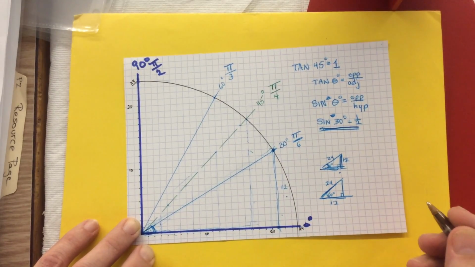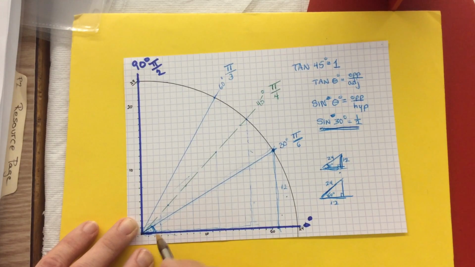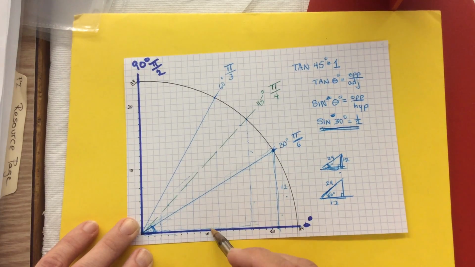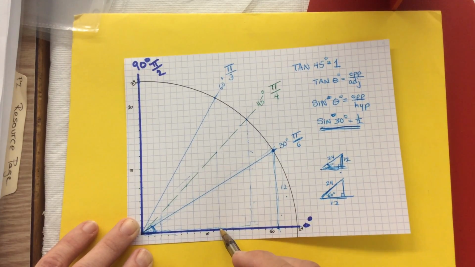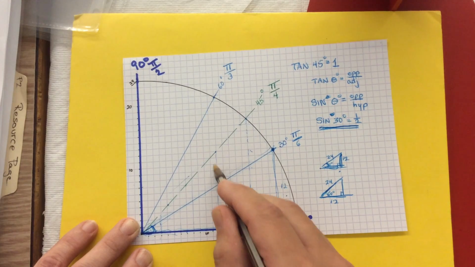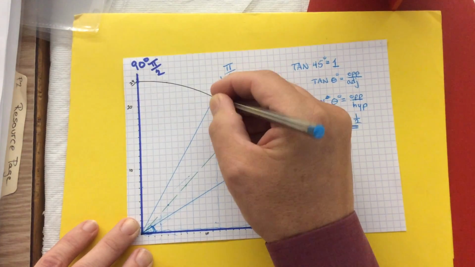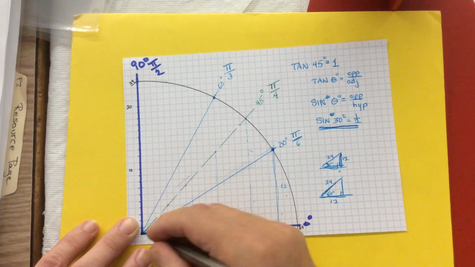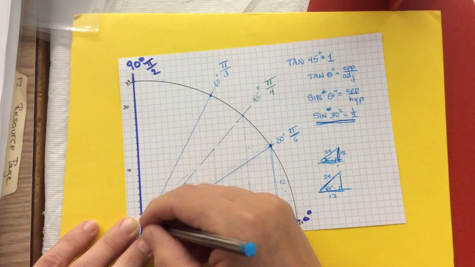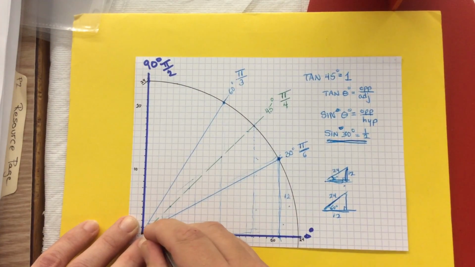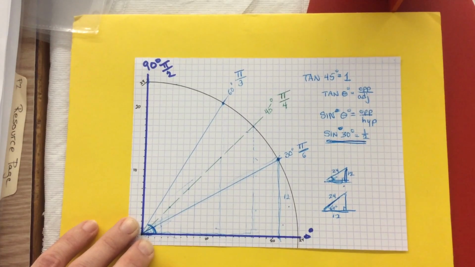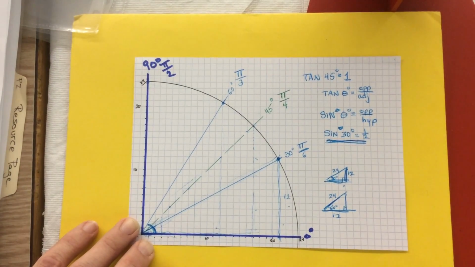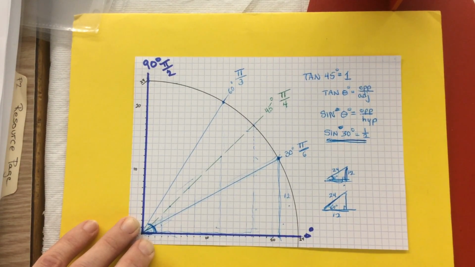That means that if I count over here 1, 2, 3, 4, 5, 6, 7, 8, 9, 10, 11, 12, and then I walk all the way up here to where it intersects the circle, and I connect these two dots right here, this angle right here has to be 60 degrees.